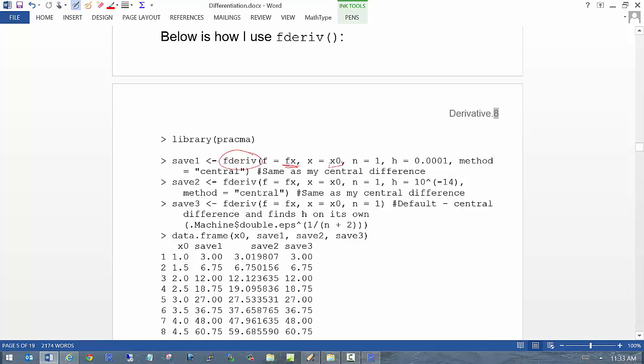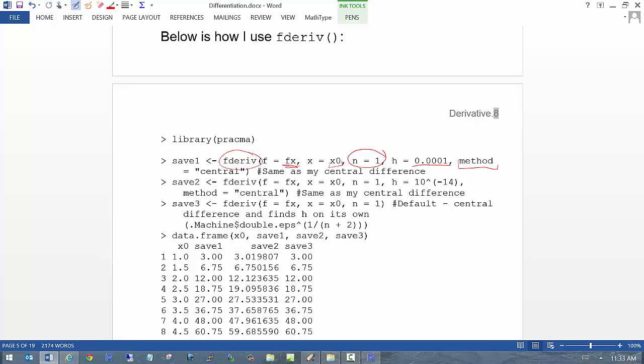Remember, x0 is a sequence of numbers from 1 to 4.5. I want the first derivative, so that's what the n corresponds to. I'm going to set my h to be 0.0001, and the method that I want to use is the central difference formula.